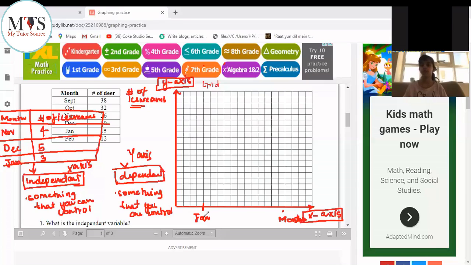Like you put them not near each other. But you have to make the difference equal. So if this is 4 boxes, this is also going to be 4 boxes. So where do I put the next month? 4 boxes away. So we have 1, 2, 3, and 4. So we have this 4 boxes away.